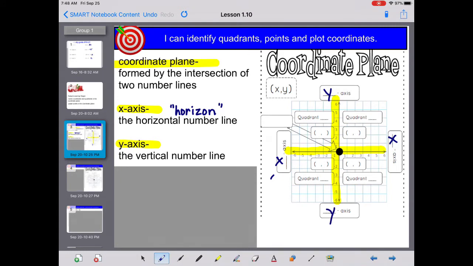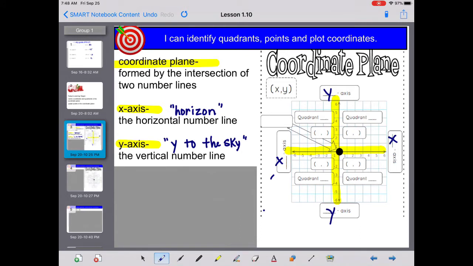Some people remember that because they think y to the sky. So somehow you need to make sure that you commit it to memory that the x-axis is horizontal and the y-axis is vertical, y to the sky.